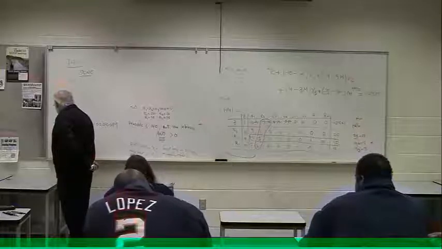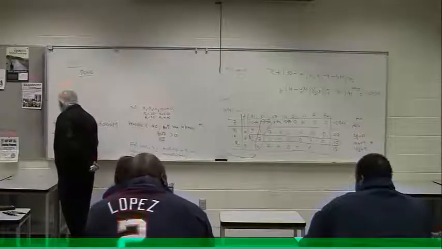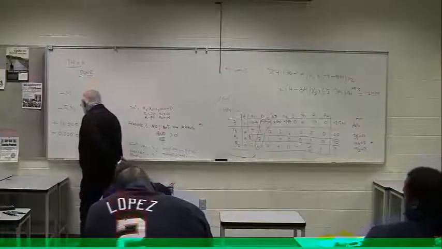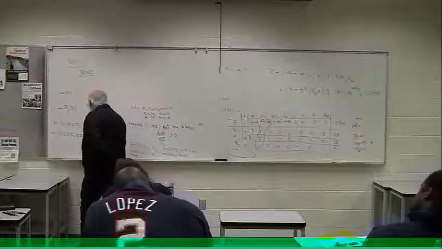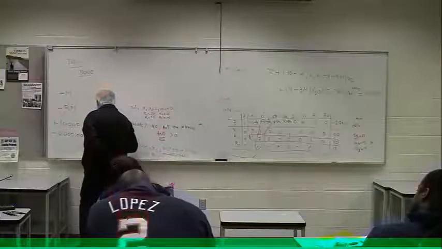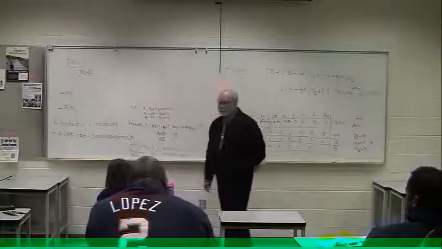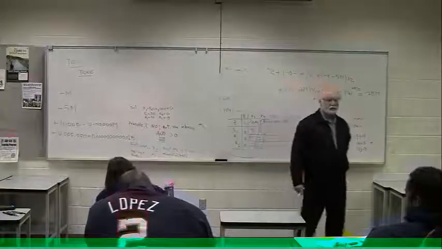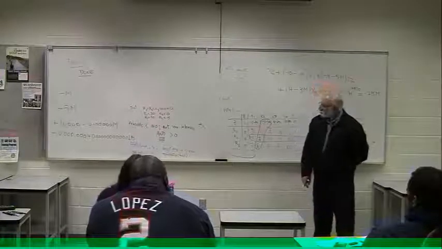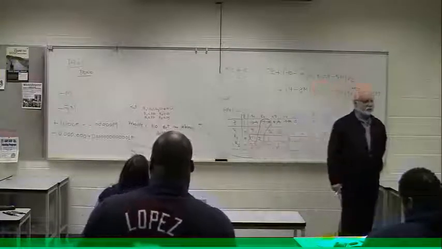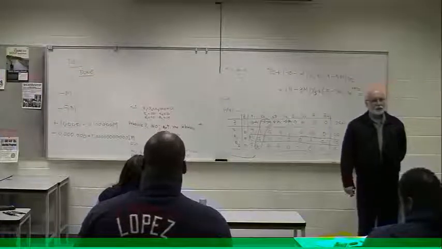Minus 10 billion plus 0.00000000001 m. Okay. Which one of these numbers is the most negative number?